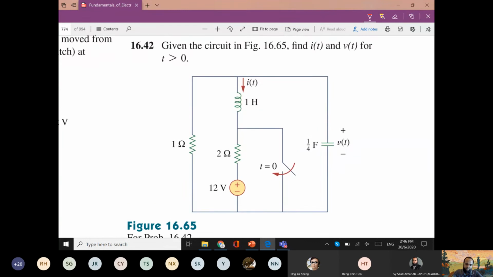Given this circuit, find i(t) and v(t) for t greater than 0. All right. Interesting. Actually, very interesting question. Why? Because we can see that there is this source before t equal to 0. But what will happen when we close this switch?